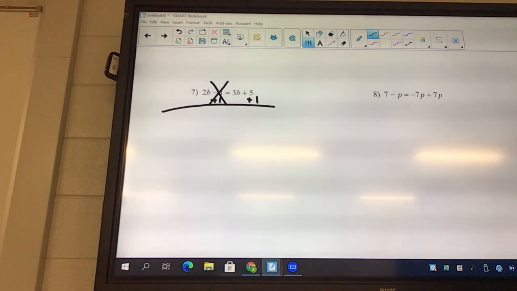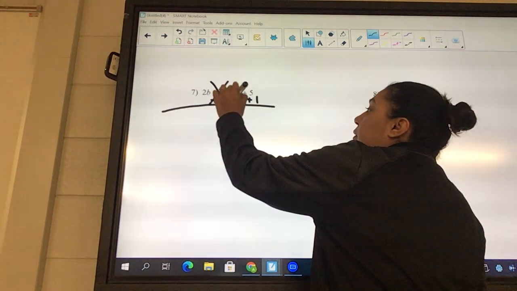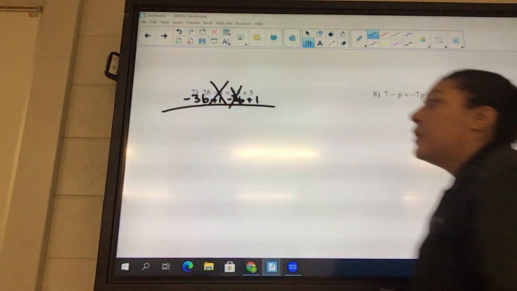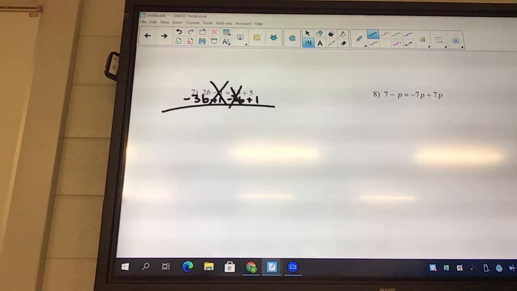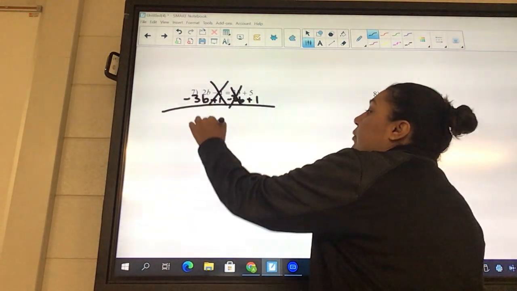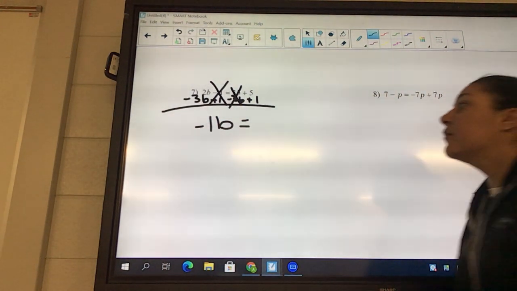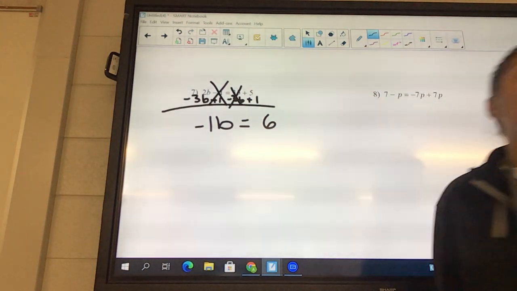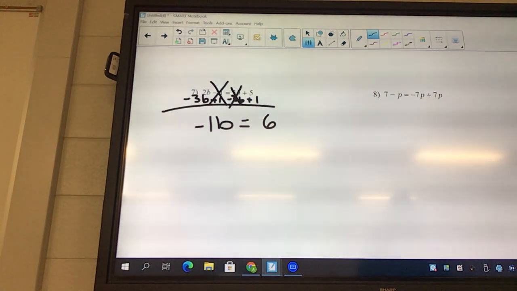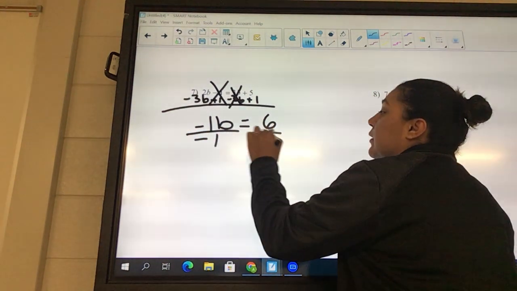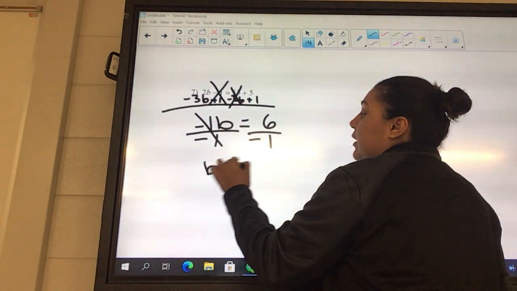The 3b, so we're going to say minus 3b, minus 3b. So I've got 2 minus 3b. It's going to be negative 1b, and then 5 plus 1, 6. What's our last step always? Divide. So we're going to say divide by negative 1. So you're going to get b equals negative 6.